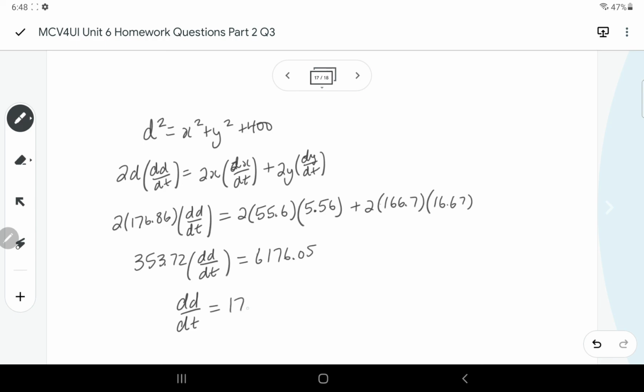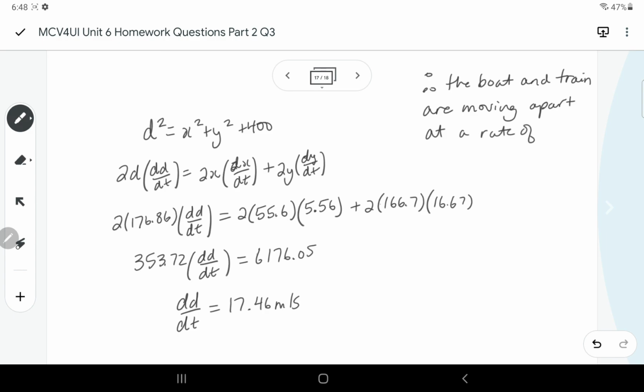So I get that they're separating at about 17.46 meters per second. So therefore, the boat and train are moving apart at a rate of 17.46 meters per second after 10 seconds. So that's how fast the distance between them is increasing. That one is pretty tricky for sure.